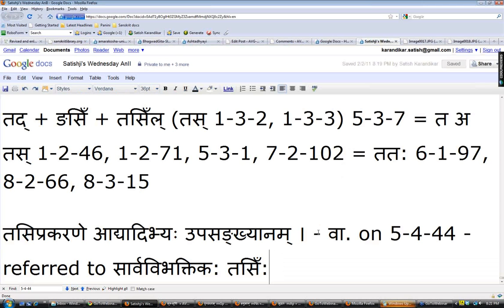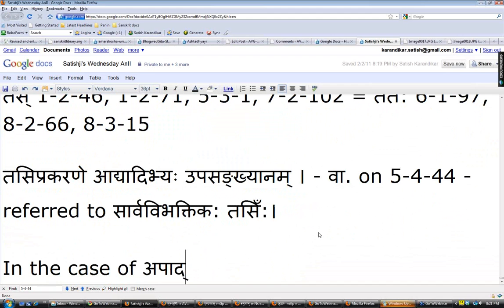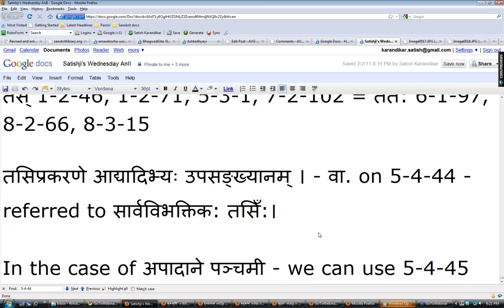Okay. So in the case of apadane panchami, let me just put this in the document. In the case of panchami apadane, we can use 5445 after any pradipadikam.